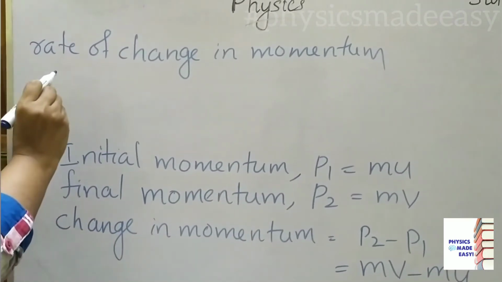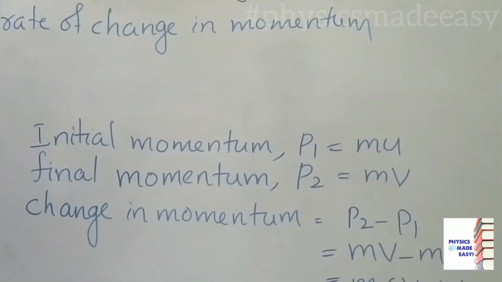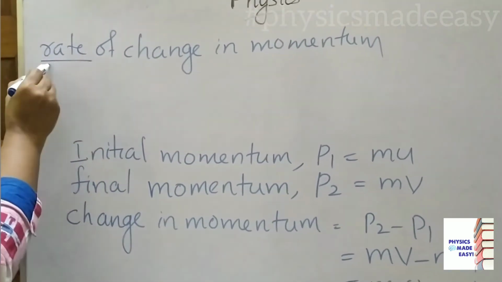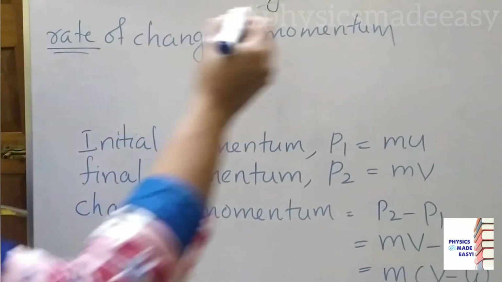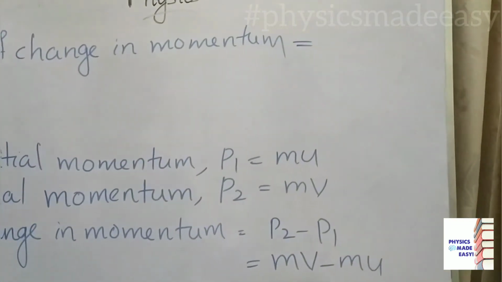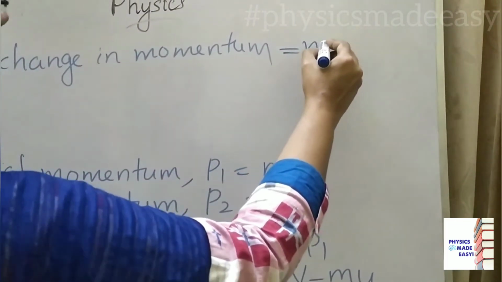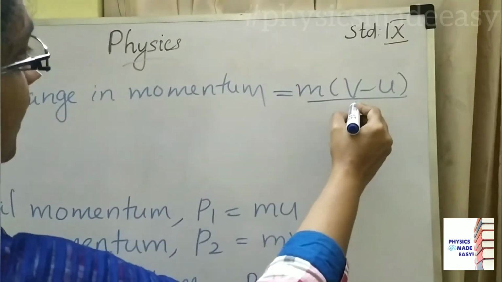Next, we have to write rate of change in momentum. Many times I told you children, if this term rate is there, how can we write? So here rate of change in momentum means change in momentum divided by time. You can see change in momentum is m into v minus u divided by t.